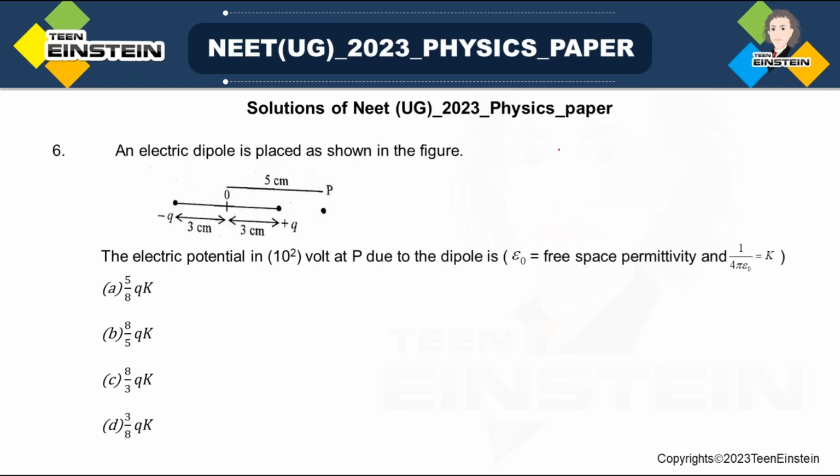This is the dipole. That means, you know, dipole has length 2L is equal to 6 centimeter, or let us say this is L is equal to 6 centimeter, and at the middle, so this is the middle, and this is 3 centimeter, this is 3 centimeter. Anyway, the question is the electric dipole here shown in the figure, and see the electric potential at P due to the dipole is.